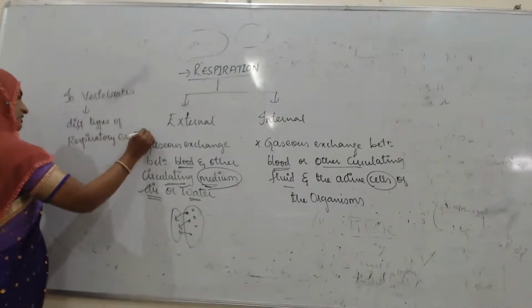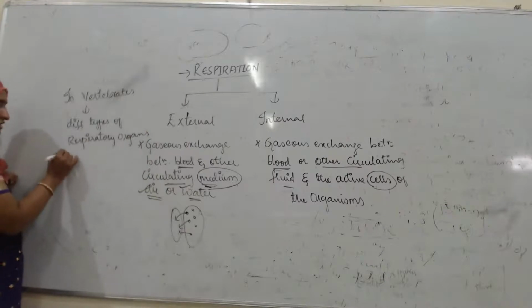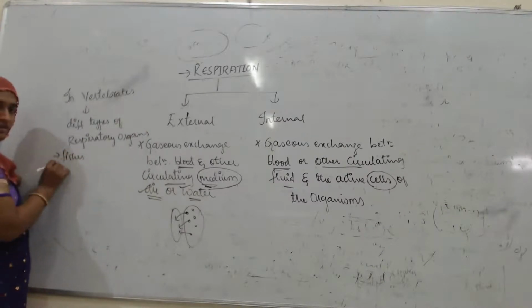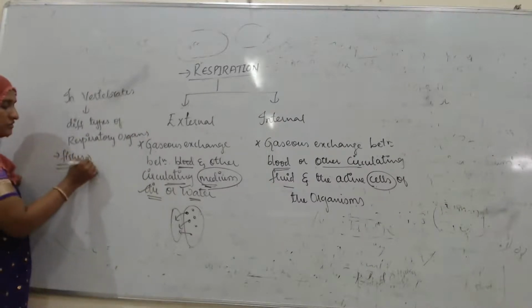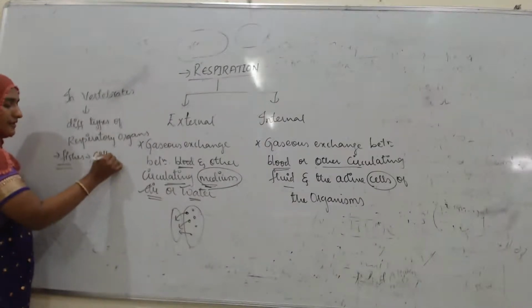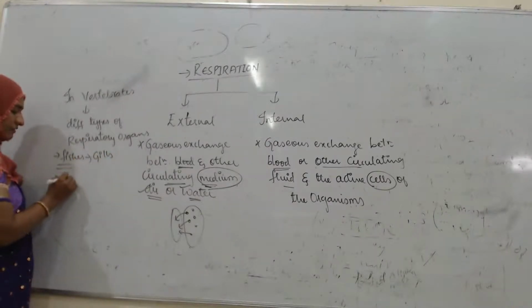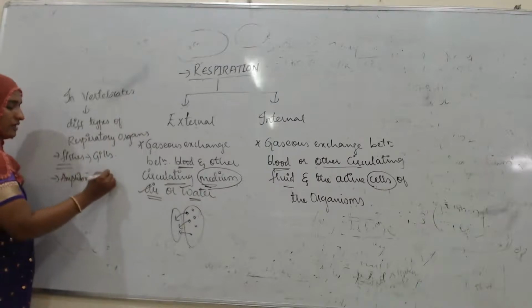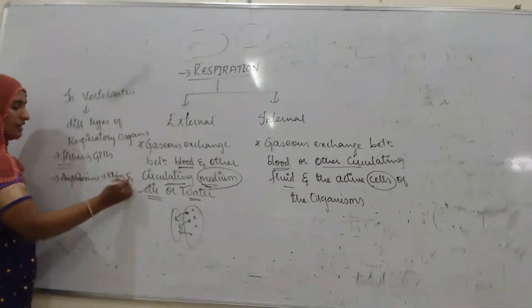In fishes, which are aquatic animals, there are gills. Then in amphibians or frogs, we can take skin and lungs.